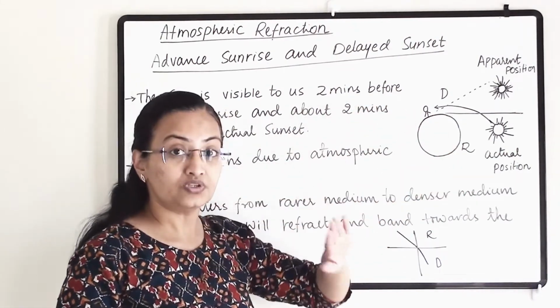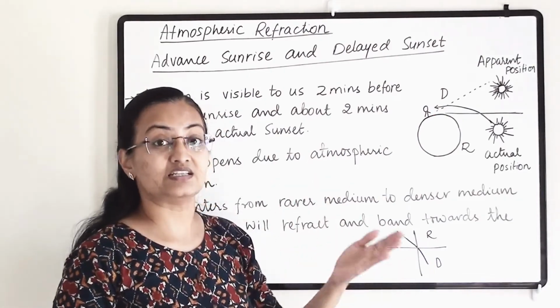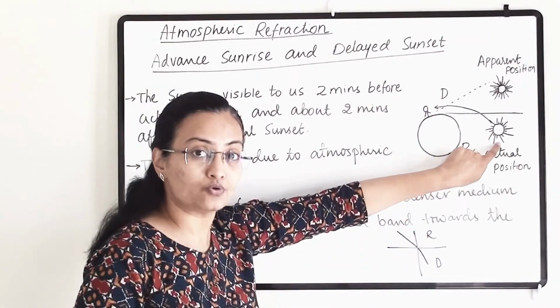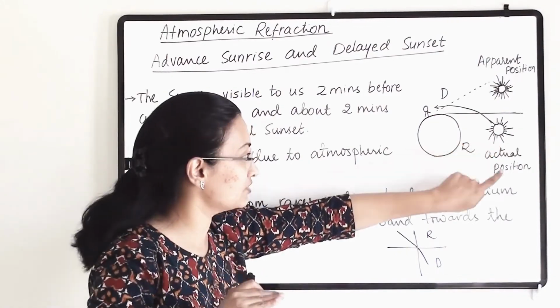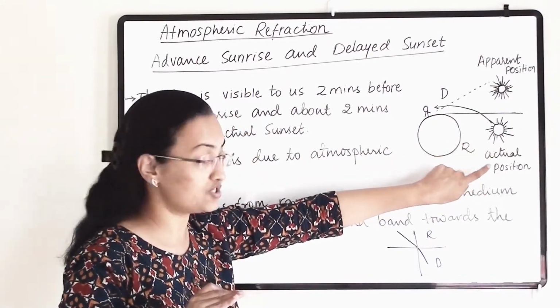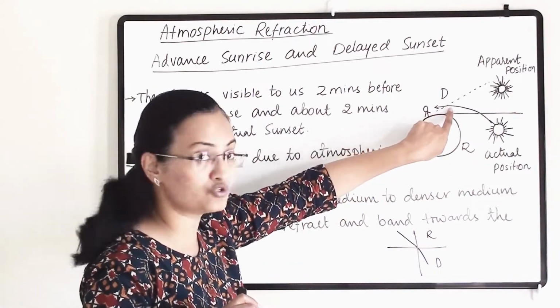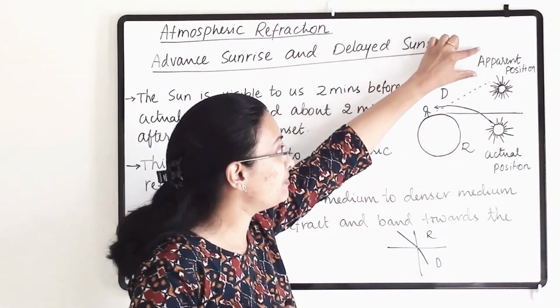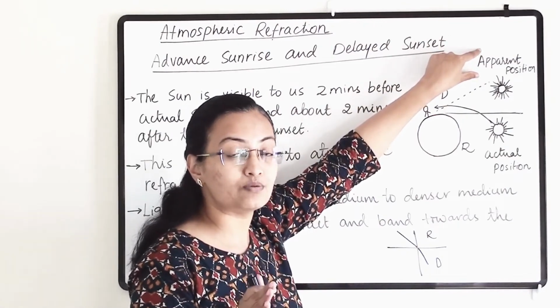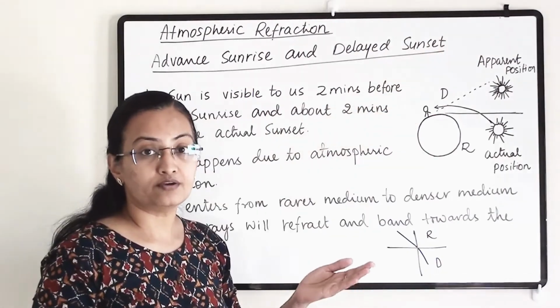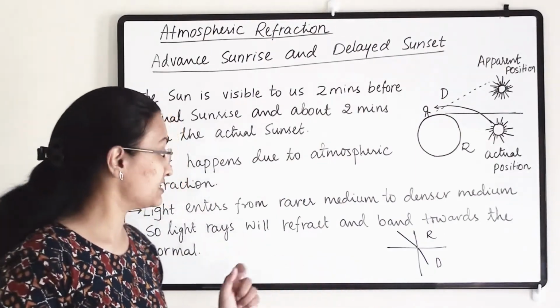At both times, after sunset and before sunrise, the sun will be here only, down below the horizontal line or the horizon. So that is its actual position. But due to this atmospheric refraction phenomenon, we will be able to see it here. That is the apparent position, and we will be able to see it here after sunset and before sunrise respectively.